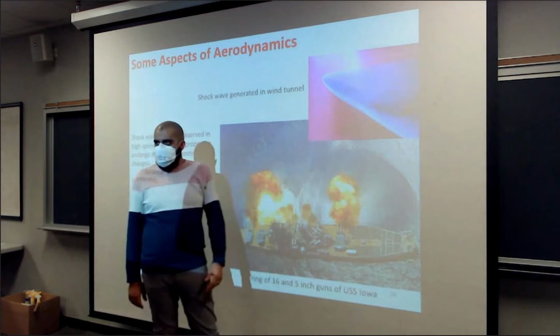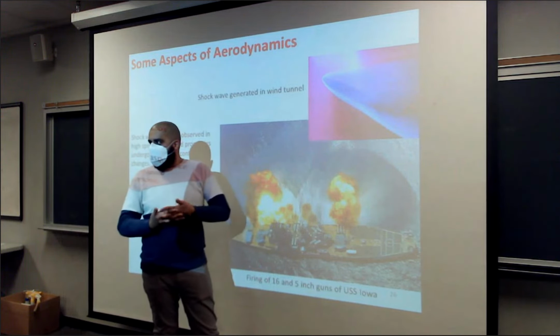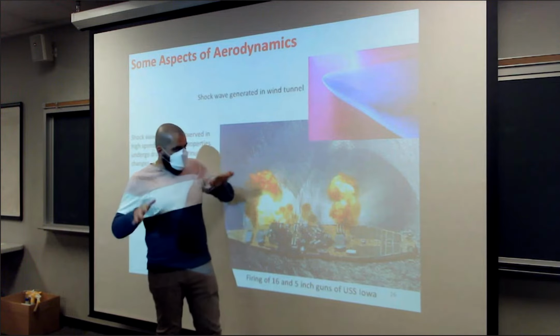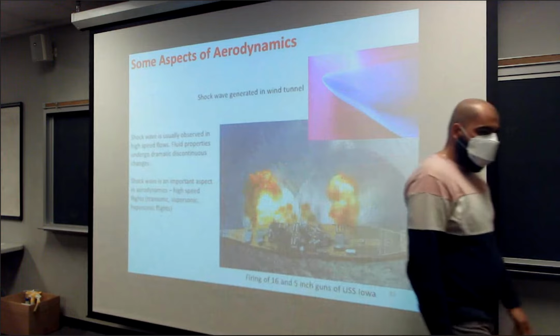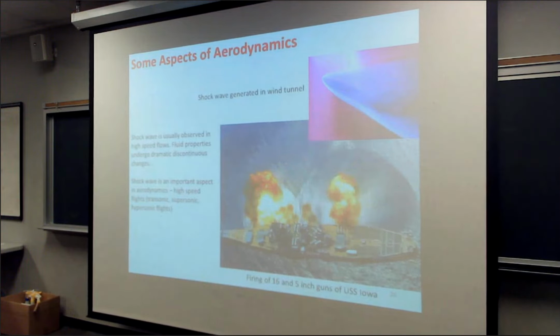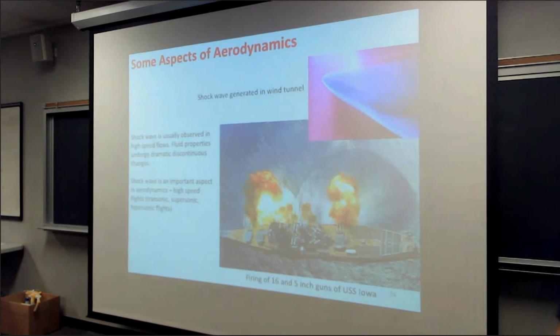But it doesn't mostly break the water, because the surface tension holds the molecules together. So it just pushes the water a little bit. That's the pressure wave you're going to see. And we also have a huge shock wave here around this aircraft, centered in a wind tunnel, but at very high speed.